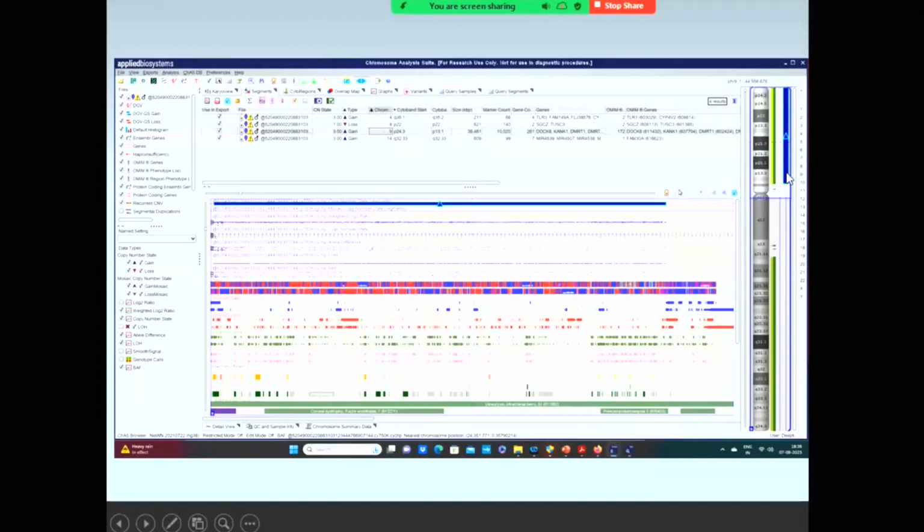Blue line in the majority of databases represents gain. So here we interpret that there is a gain involving the Q arm of chromosome 9. This marker chromosome was actually this part of chromosome 9, and the size of this duplication is around 38 MB. It is a large duplication, so likely to be pathogenic.